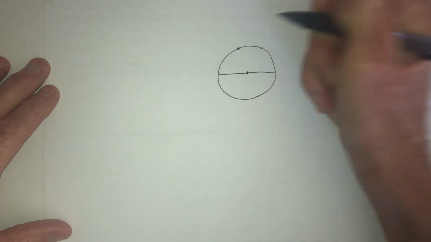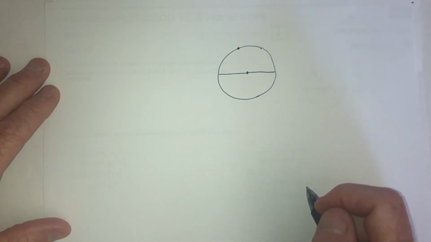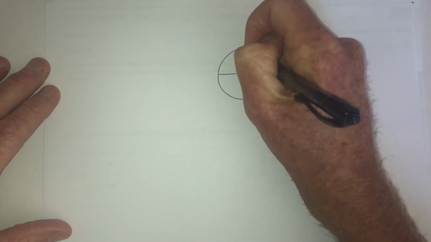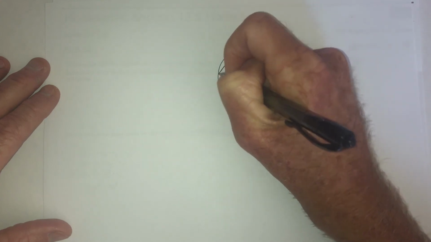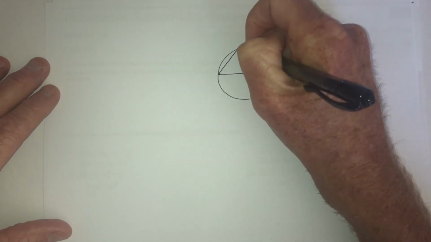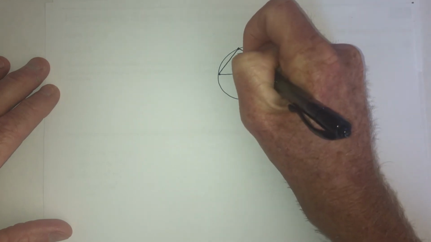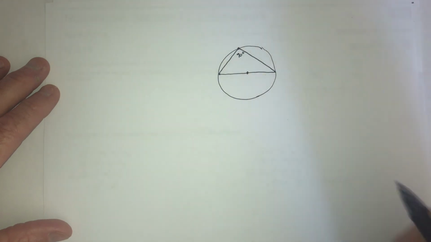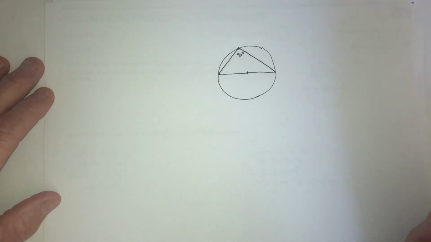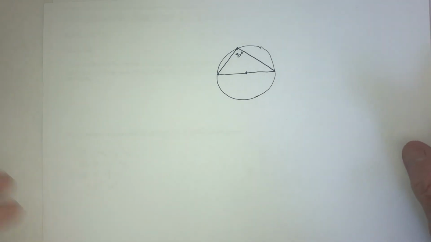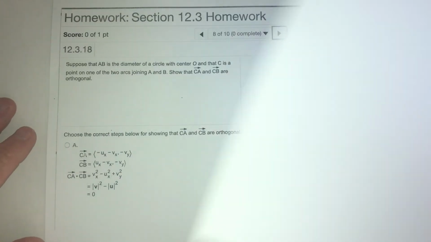Then you pick a point, wherever, right there on the circle. And then you draw this to that side of the diameter, and you draw this to that side of the diameter. This is going to be 90 degrees. So that's a fact from geometry, but they want you to prove it using vectors.